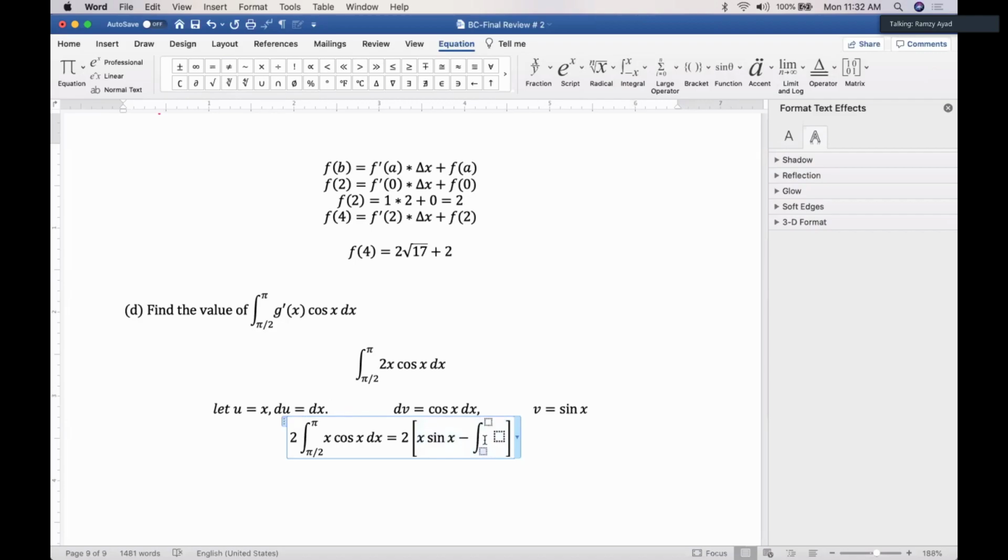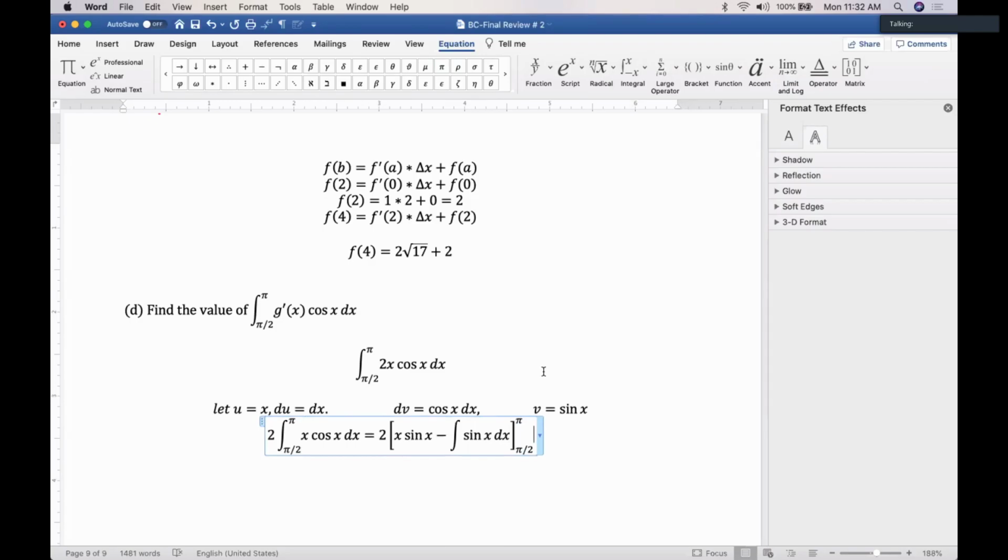from what to what? You know what? I don't have to do it this way. I'm going to do it that way. I'm going to say the integral of v du, sine x dx, and then on the outside I can say I am evaluating this now with pi over 2 to pi, right?